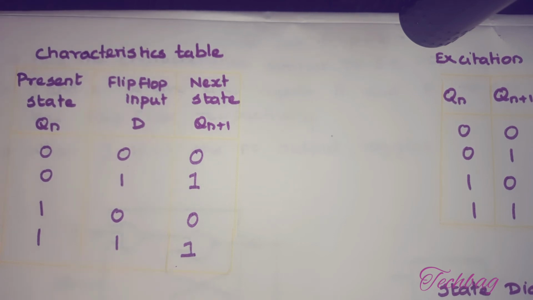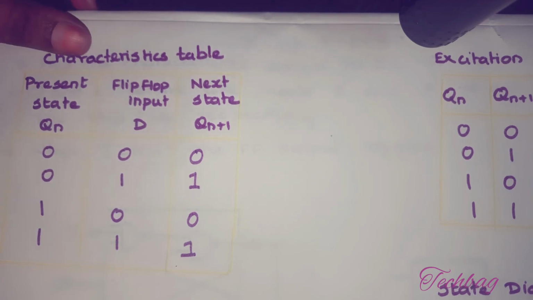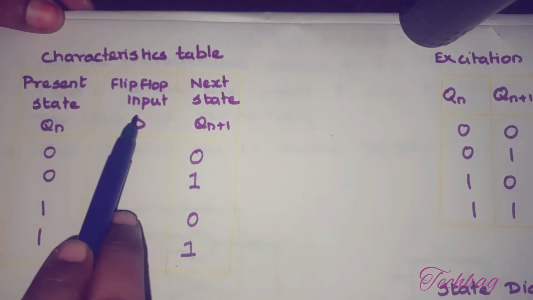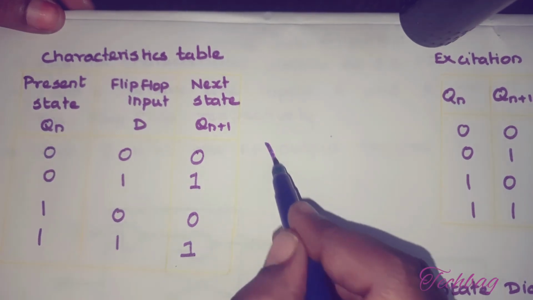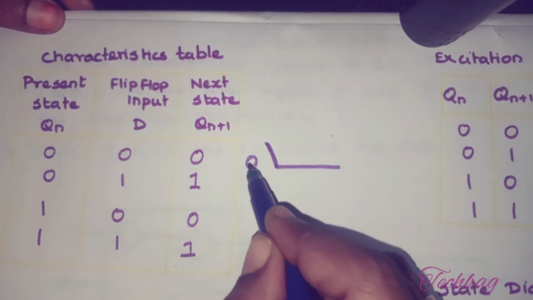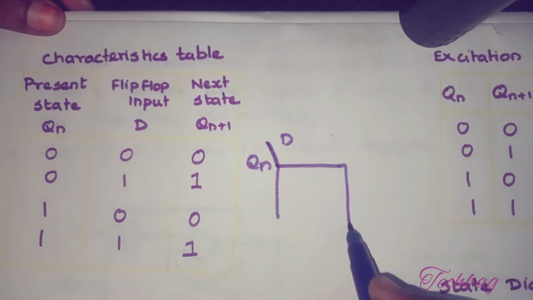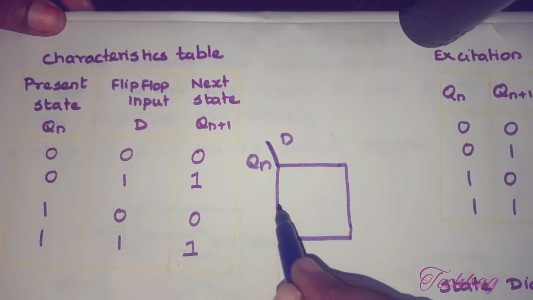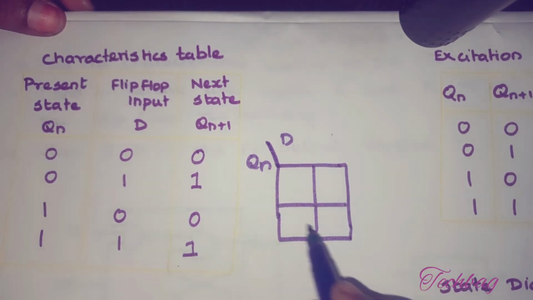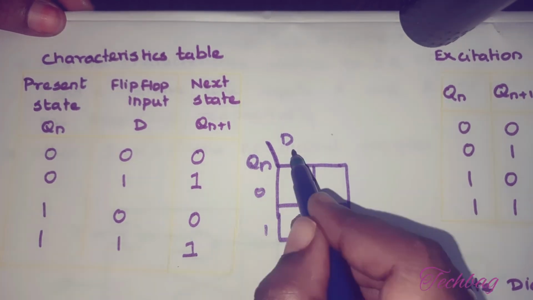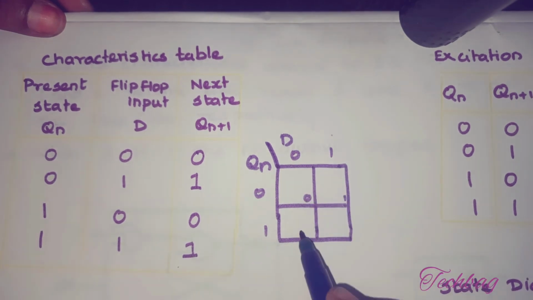From this, you can derive the expression for next state, that is the characteristic equation. For that, you have to draw the K-map. Here there are 2 inputs, so you have to draw a 2 variable K-map. Inputs are Qn and D. This is a 2 variable K-map, with cells 0, 1, 2, 3.